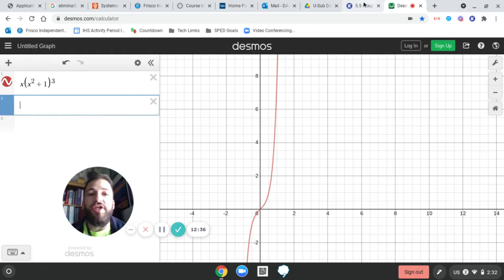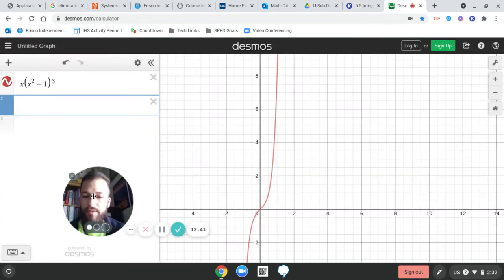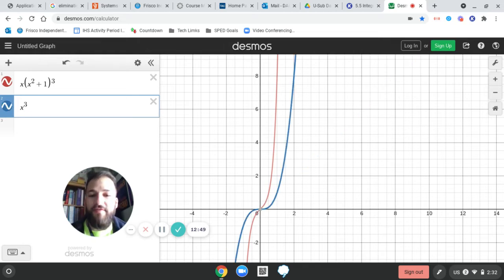Our new function is actually just u cubed. Oop, not u cubed. You have to use x cubed still when you're graphing in Desmos. Okay, so our new function is x cubed. See how that's a completely different function?